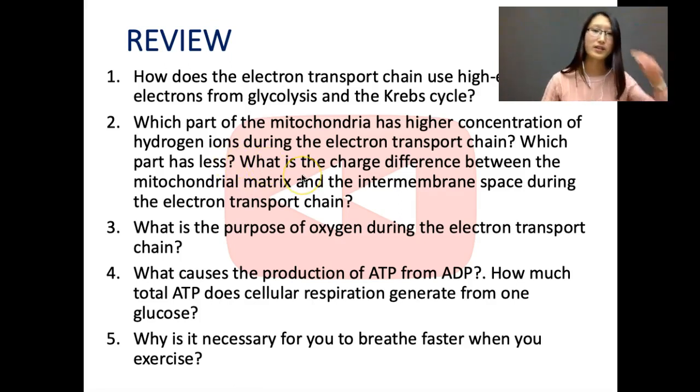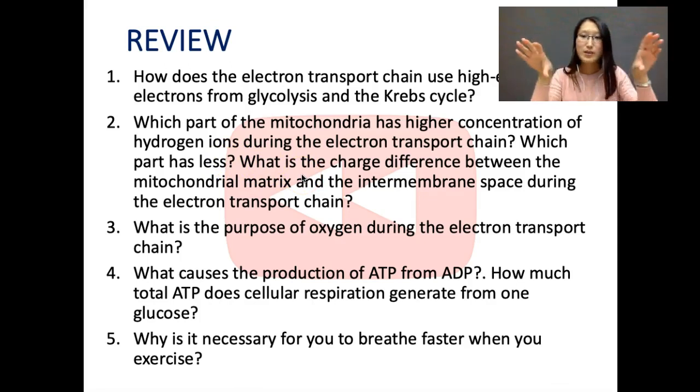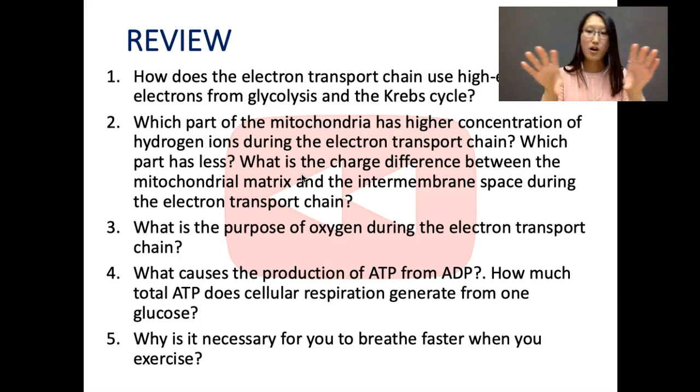What is the charge difference? In the intermembrane space, because there are more hydrogen ions with plus charges, that part has a positive charge compared to the matrix. The third question, what is the purpose of oxygen? The purpose of oxygen is to be the final electron acceptor during the electron transport chain in order to create a pulling force that allows the electrons to travel through the electron transport chain.